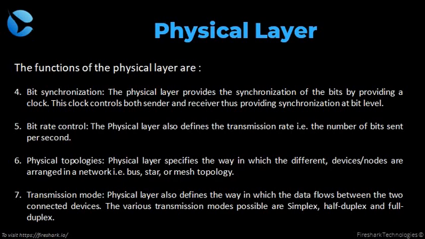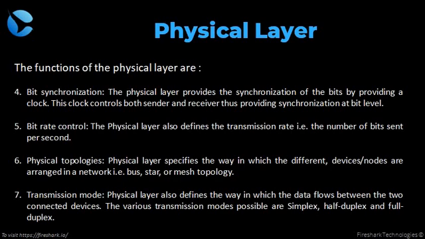It adds a clock at each and every interval of time whenever data is used. Next function is bit rate control. The physical layer also defines the transmission rate, that is the number of bits sent per second.